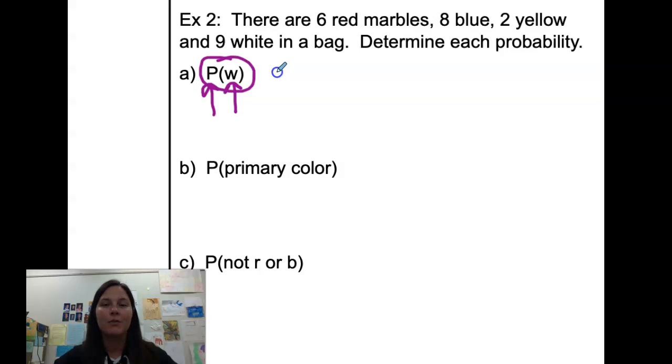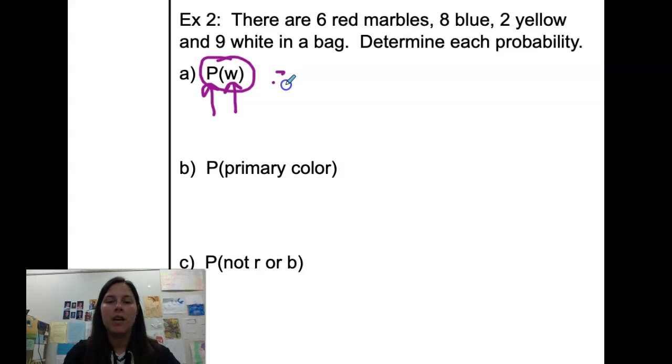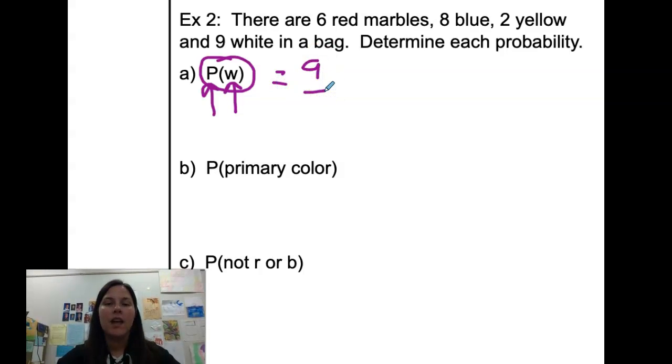Well, white starts with a W, so we're looking for what's the probability that we pull a white marble out of the bag. There are 9 white marbles, and then we have to figure out how many marbles there are altogether, the total number of possible outcomes. 6 plus 8 is 14, plus 2 is 16, plus 9 is 25.